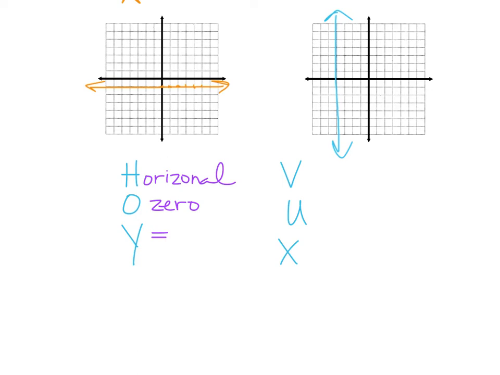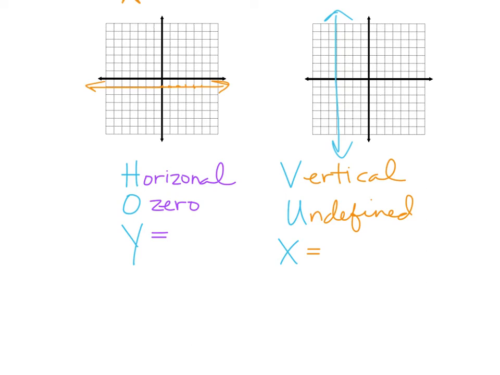If a line is vertical, it has a slope that is undefined, and it will have an equation that is x equals. Okay, so if you can remember HOY VUX, I know it sounds like a bad word, it's not a bad word. That is very helpful in being able to graph these and know what their slopes are and that type of thing. Okay? Any questions on that?